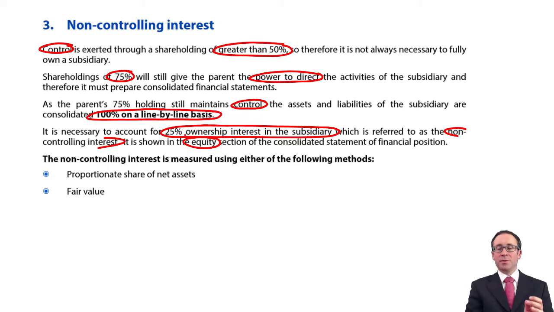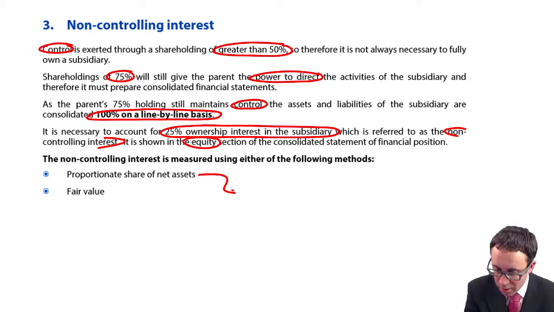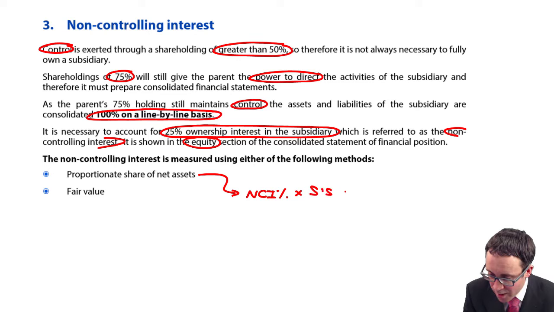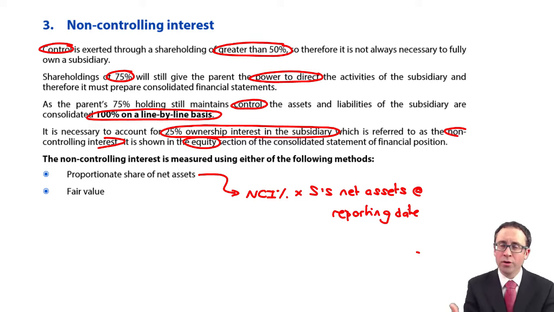Okay. Now we need to be careful, because there are two methods by which we can value the non-controlling interest. And the first one that we're going to look at is the proportionate share of net assets method, whereby we just work it out as the non-controlling interest share of S's net assets at the reporting date.